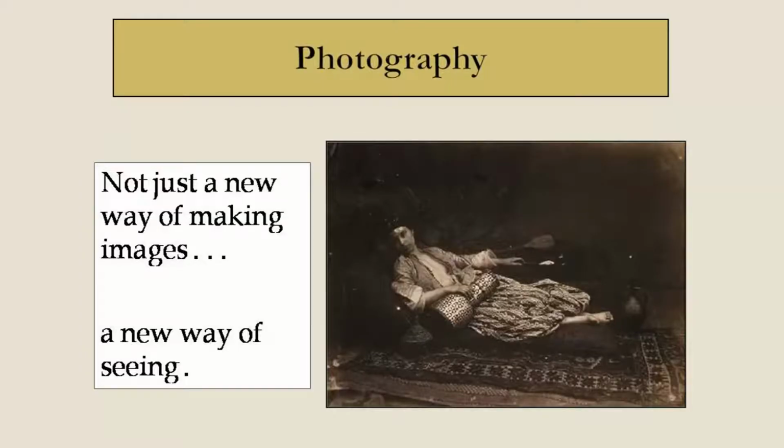Meanwhile, we must remember that photography came into being around 1840, and photography, as we have already seen, was not just a new way of making images, but it proposed a new way of looking or seeing the visual world.